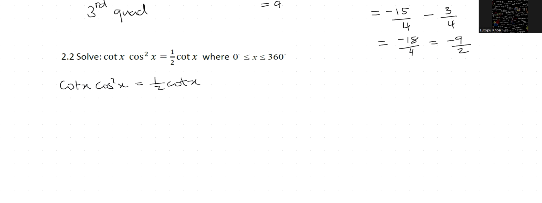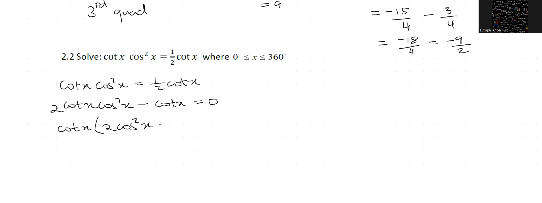So we have 2 cot x cos squared x minus cot x is equal to 0. Then you factor out cot x. So we have cot x is equal to 0, or 2 cos squared x minus 1 is 0.